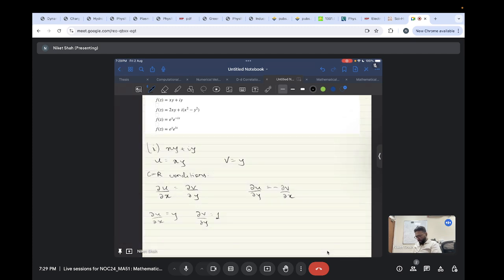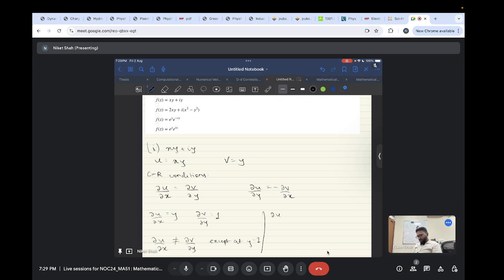So clearly here itself, del u by del x is not equal to del v by del y except at y equals 1.